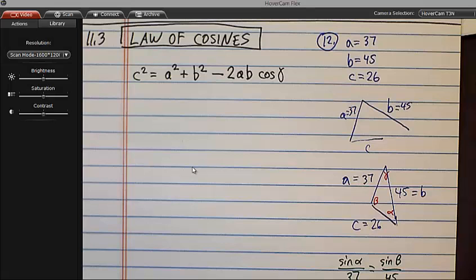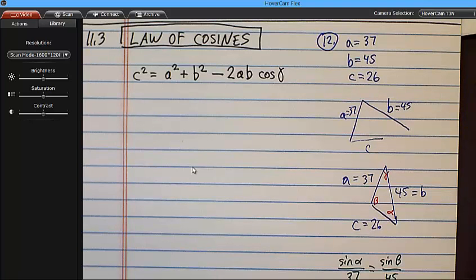One of them begins with b squared, one of them begins with a squared. Now Justin said, hey, go for alpha, so which one do you think I want? I want the one with the a, okay? Because in your three different forms of the law of cosines, you're always going to have cosine of an angle, and that corresponds to the thing on the other side, okay?